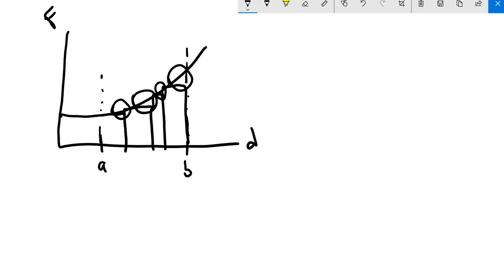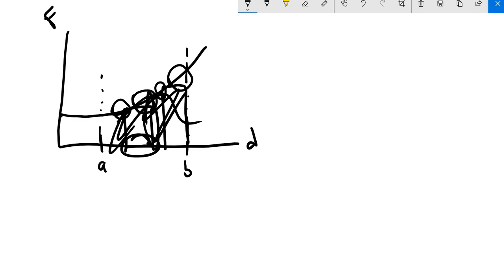Then we could find the area under the curve. When you're doing the area of one of these rectangles, you're looking at distance times force, right? And you're adding those all up to get that area, which would be the work. So that's just an example of where you might want to use something like this, and there's a ton of examples of where you could use integrals.